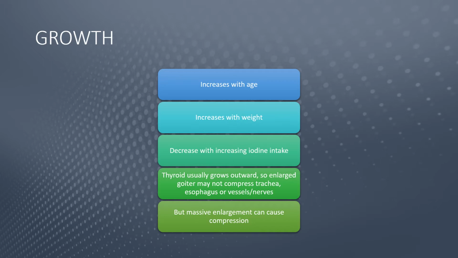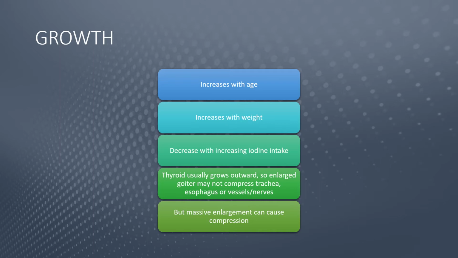The growth increases with age. In other words, we don't expect goiter in children, right? And it increases as our body mass index increases. So it increases with age and increases with weight.